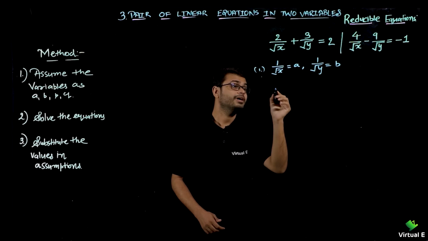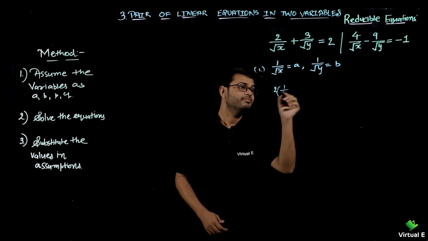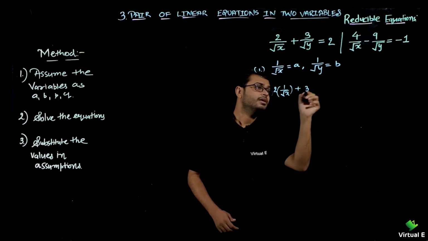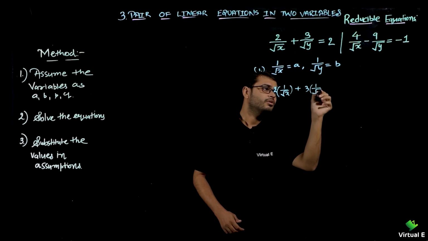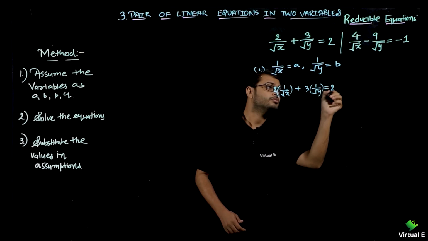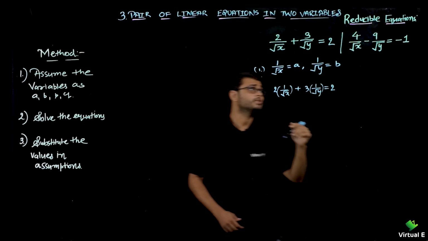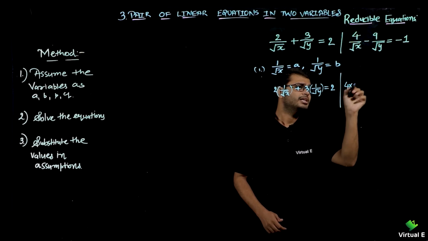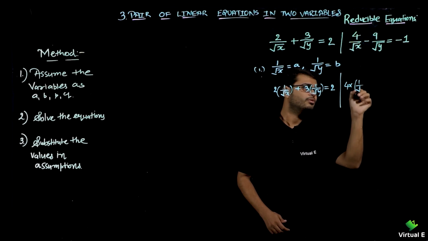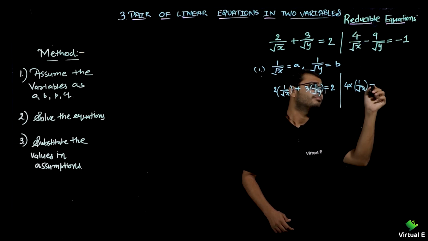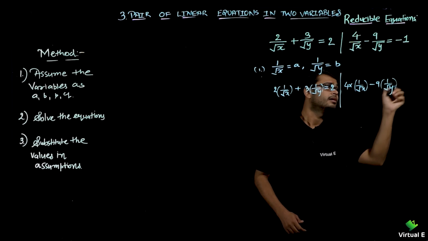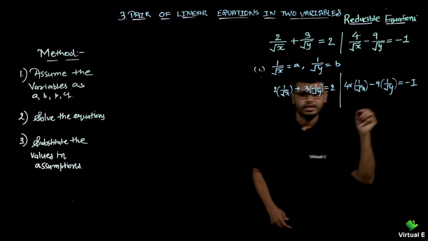So let me simplify it. 2 multiplied by 1 over square root of x plus 3 multiplied by 1 over square root of y is equal to 2. This is for the first equation. Let's do the second: 4 multiplied by 1 over square root of x minus 9 multiplied by 1 over square root of y is equal to minus 1.